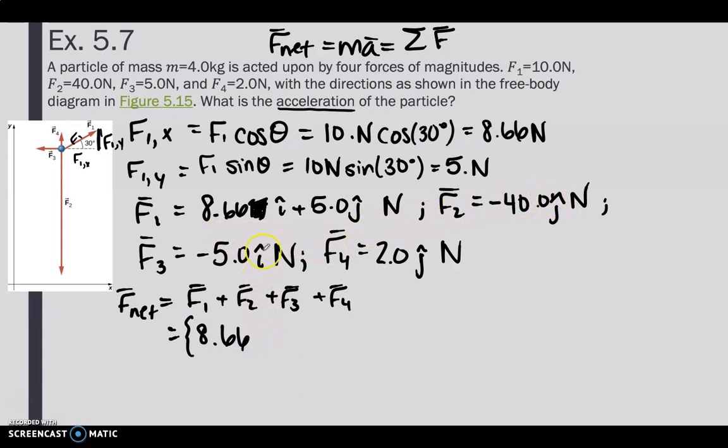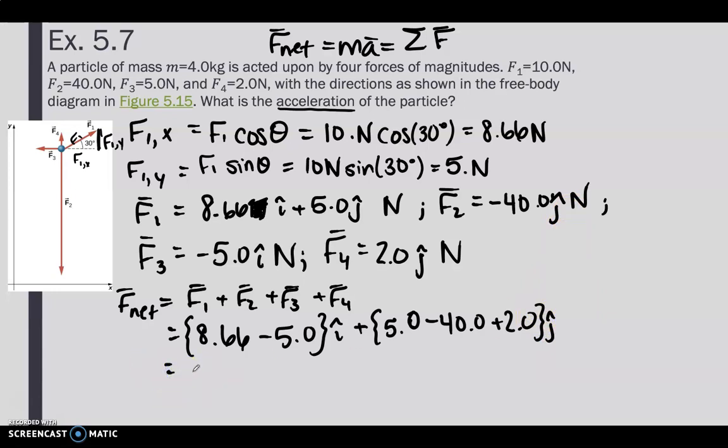What else is in the i direction? Just F3, so minus 5.0 i hat, plus whatever's in j hat. We have 5.0 and negative 40 and positive 2, that's in j hat.